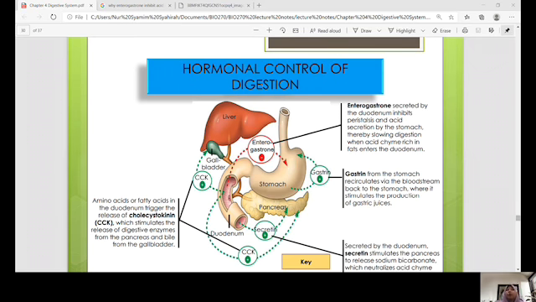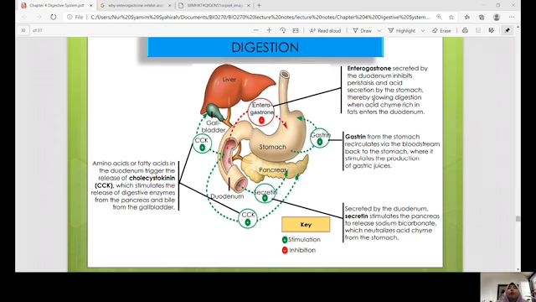Hormone control of digestion. So we have several hormones, which normally take place in the duodenum. Since many chemical digestion occur in the duodenum, you must remember there is a stimulation and also inhibition. Let's go to the first hormone, enterogastrone, which is secreted by the duodenum.